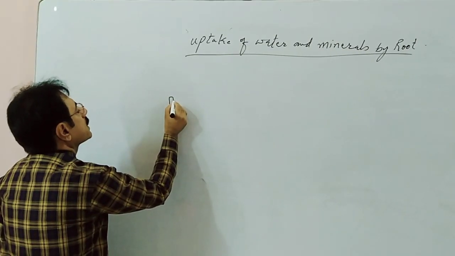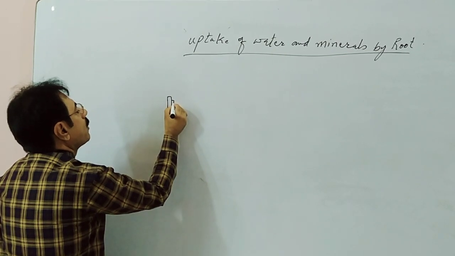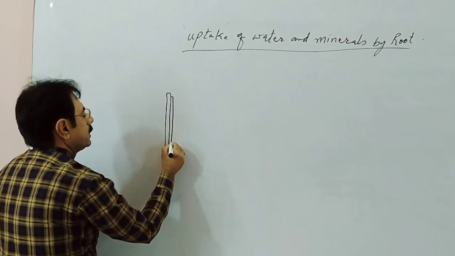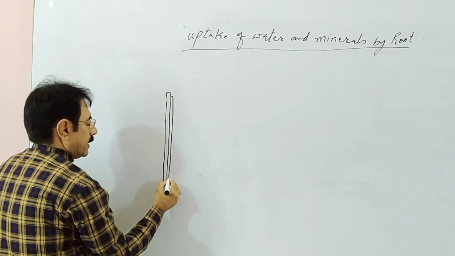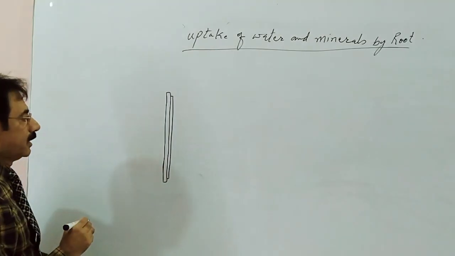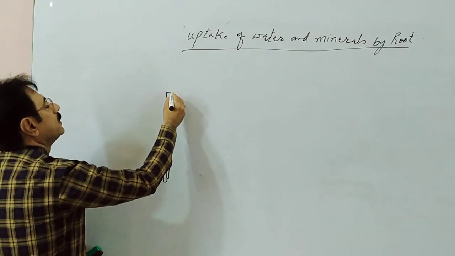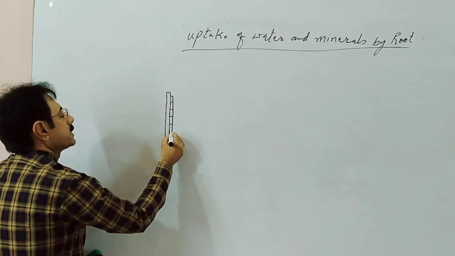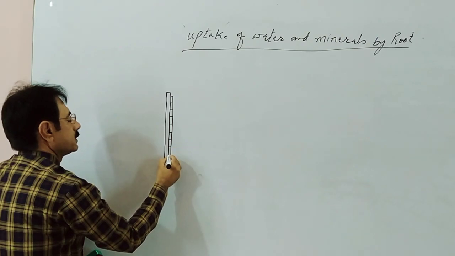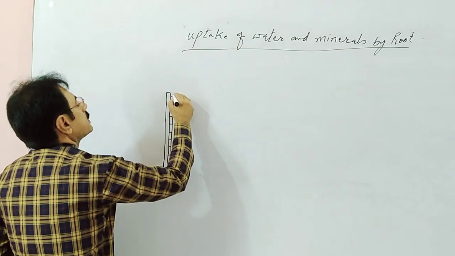The xylem of the root is enclosed by many cellular layers, and I will show you the structure of the cellular layers around the xylem of the root at one side. The first cellular layer around the xylem is the pericycle.